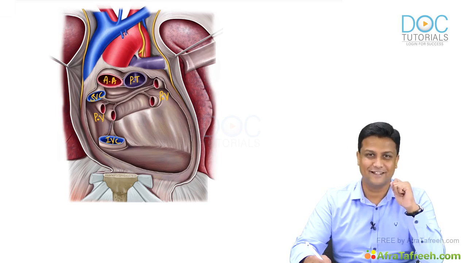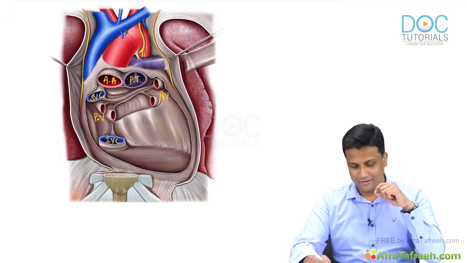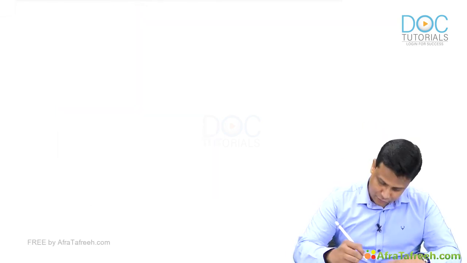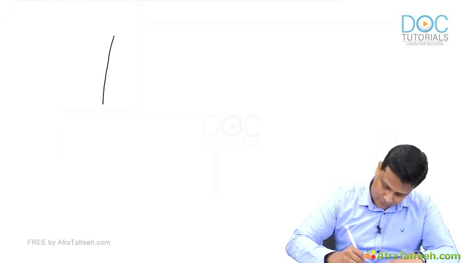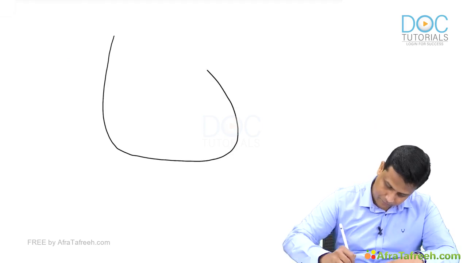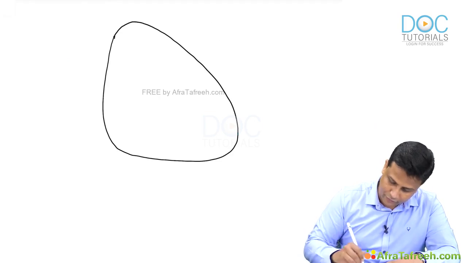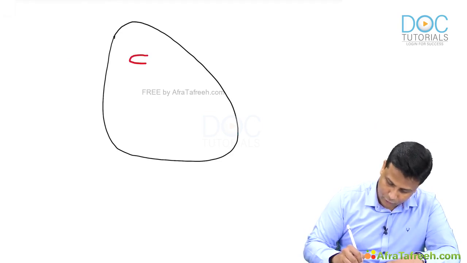You will be able to find all these openings. Now let's do one thing here, not only this diagram here, sir, let's draw our diagram right now. Okay, so for example, if this one will be the pericardium without the heart. Now inside this pericardium you will be able to find, first of all, there will be opening for ascending aorta, and then there will be opening for pulmonary trunk.